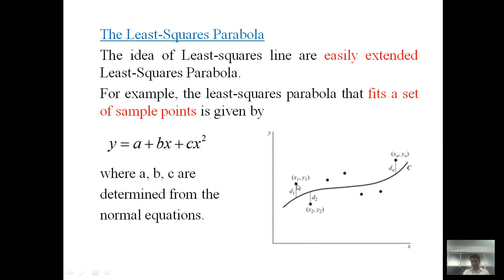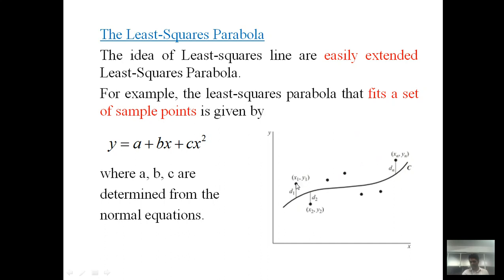So for example, the least square parabola fits a set of sample points. These are the first point x1 y1, x2 y2, x3 y3, x4 y4, and so on up to xn yn. We have to fit a parabola whose standard equation is a plus bx plus cx square, in such a manner that the sum of all di square, where these are the deviations, is minimum.